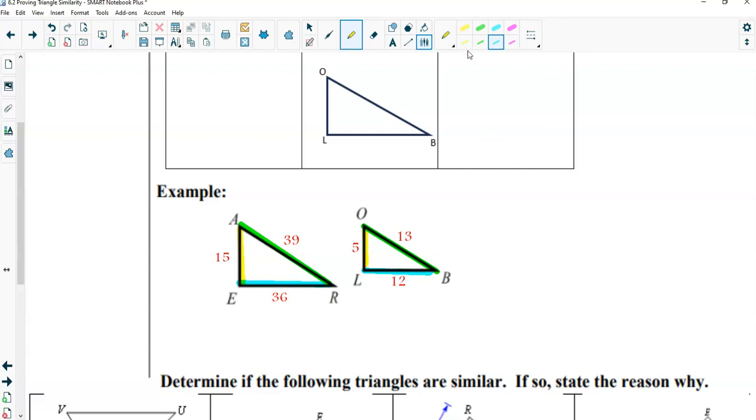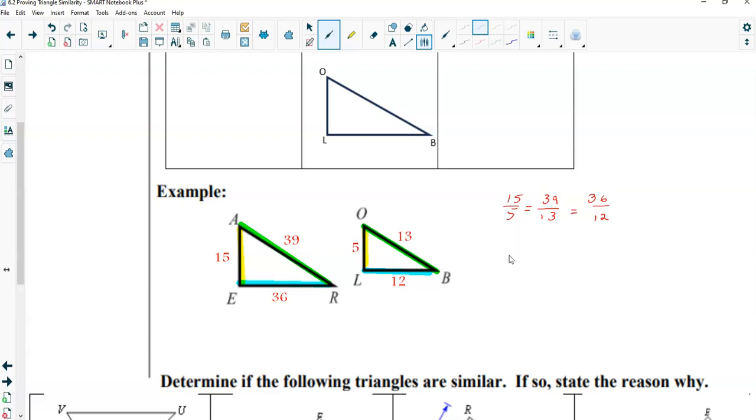Okay, so now I could go ahead and set my proportions. So 15 is to 5, as 39 is to 13, as 36 is to 12. And I check those proportions and see if the ratios are equal to each other.